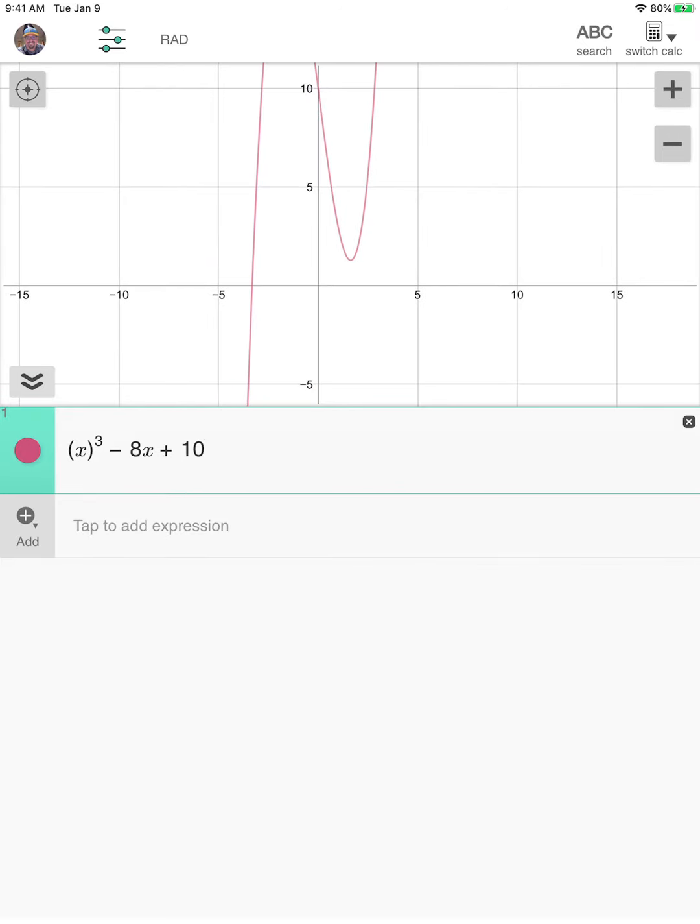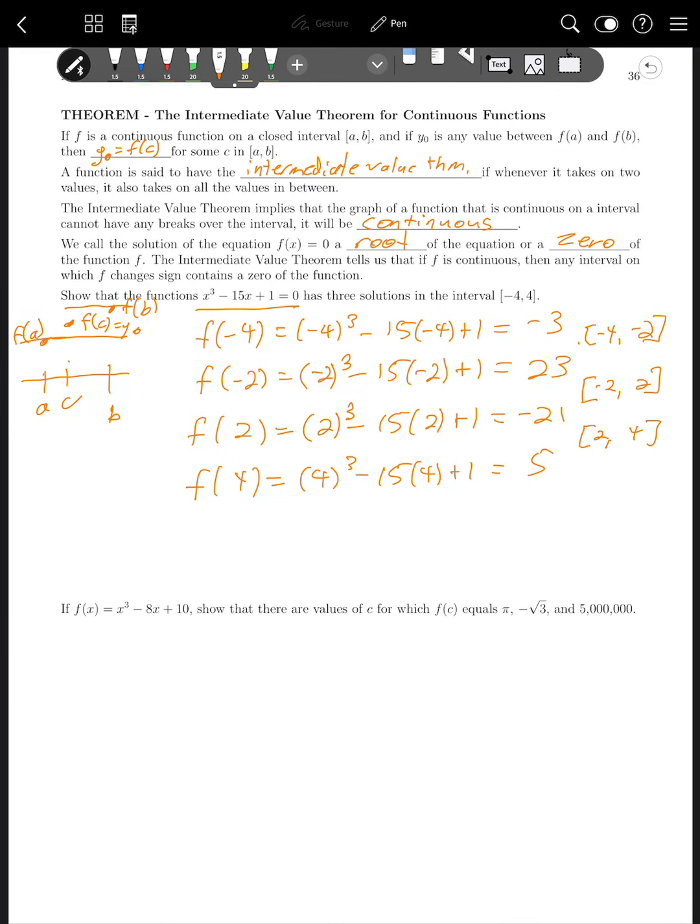If I zoom out a little, if I go down here, let's try. Down here, I know -√3 is between 0 and -5. So here's a y value where the y value is around -5. So that means there has to be a point in here that has -√3. And the same thing would work for pi or 5 million. So that's the idea. And you could plug in values for x to show that that works. But we're not going to do that right now just to save time, because this video is long enough already.